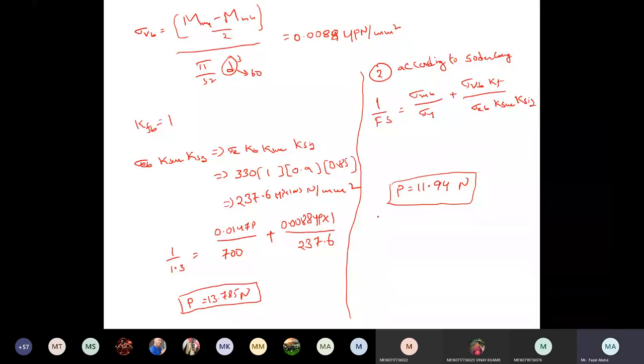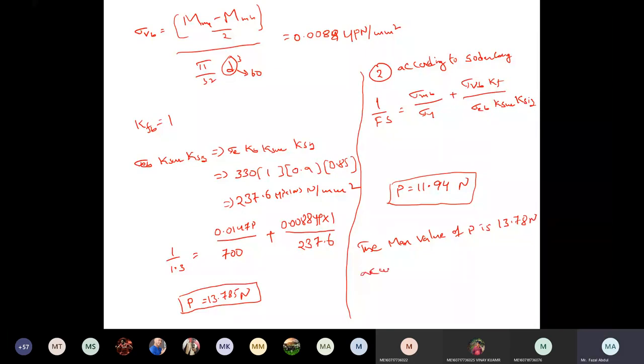So between these two, which one is the maximum value? Maximum is 13.78. P is 13.78 newtons.